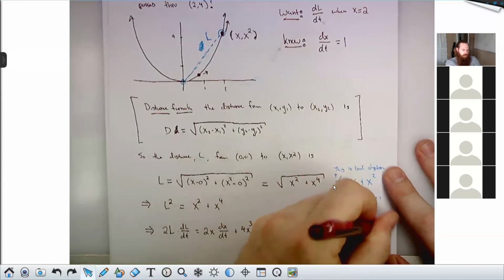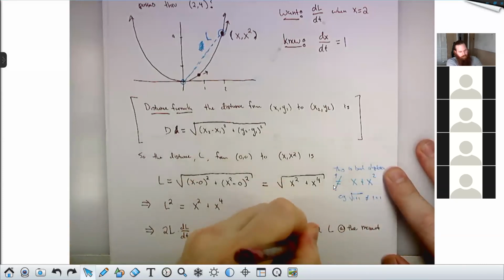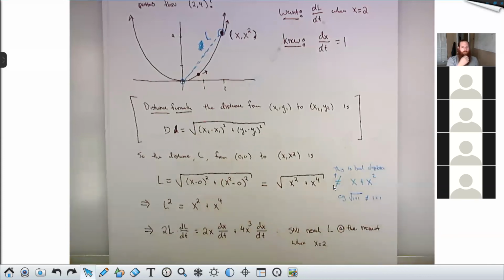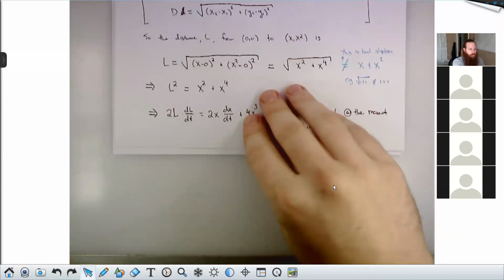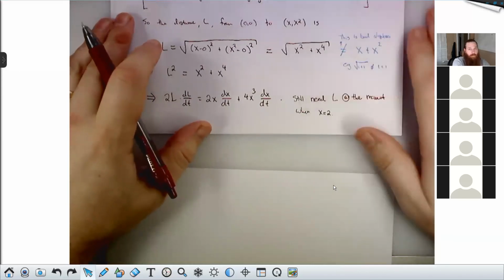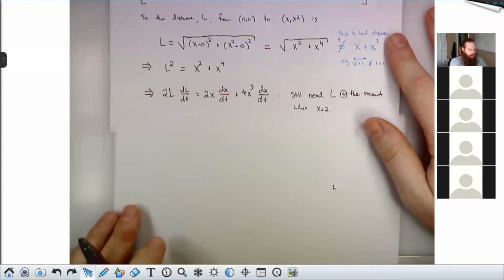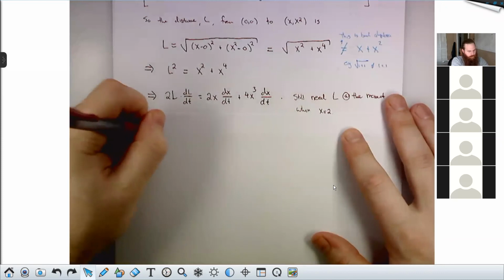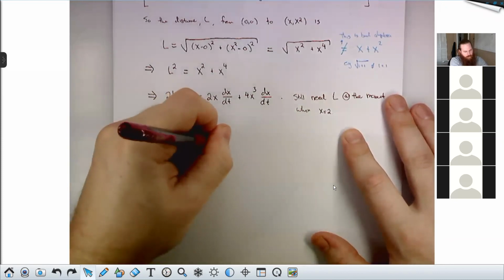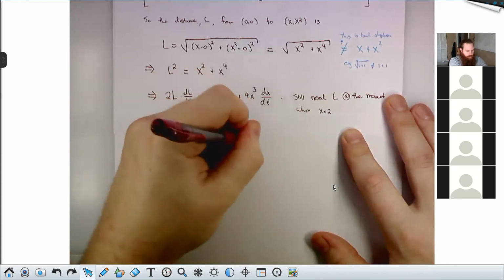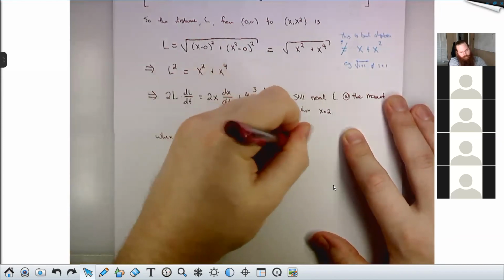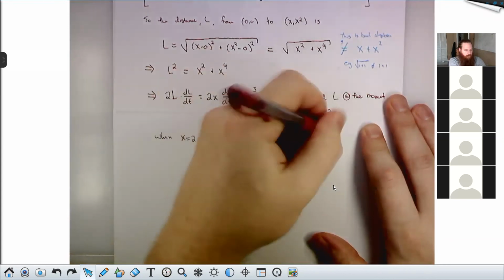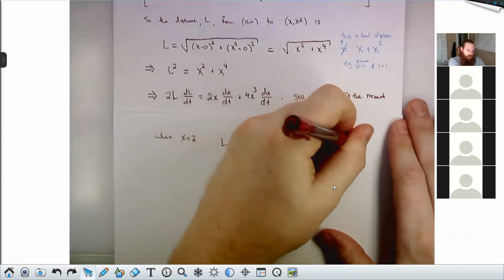At the moment when x is equal to 2, I come back to this relationship and plug in 2 for x, and solve for L. So when x is equal to 2, L is the square root of 2 squared plus 2 to the 4, which is the square root of 4 plus 16, which is the square root of 20.